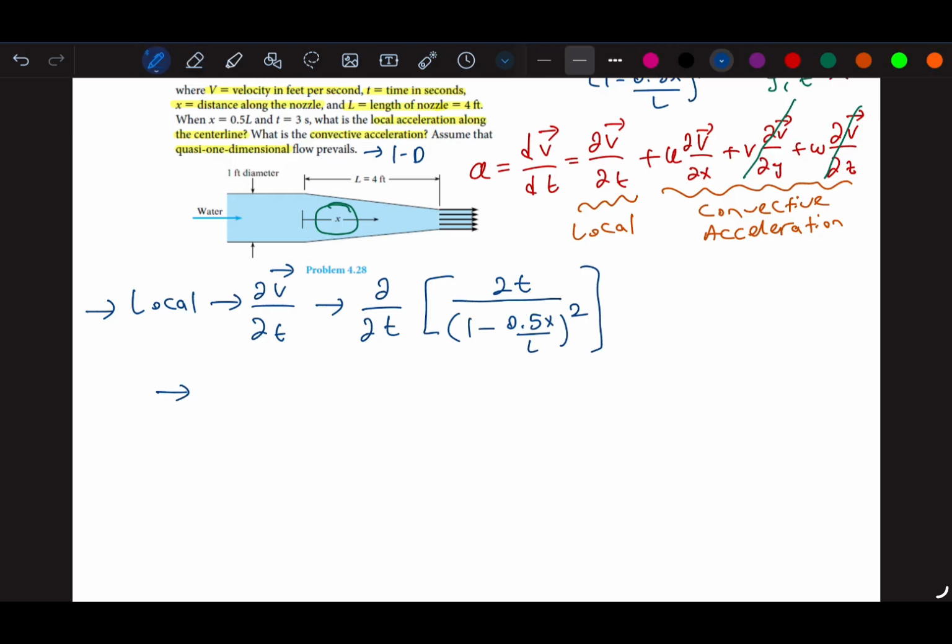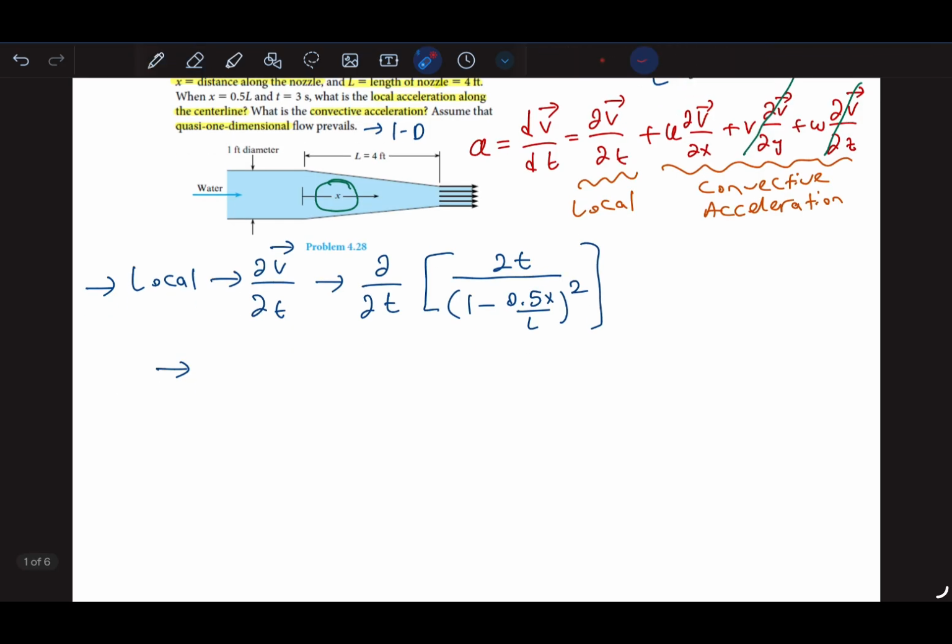So let me write this. So here we have 2 over (1 minus 0.5x over L) squared. So the only term with t is 2 over this definition.